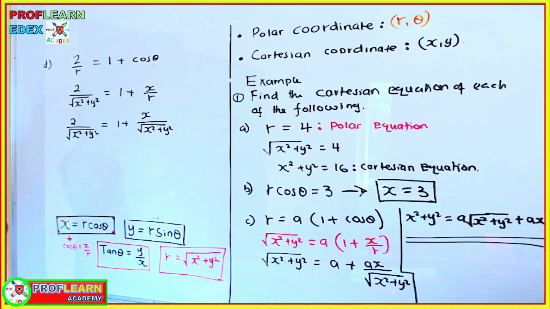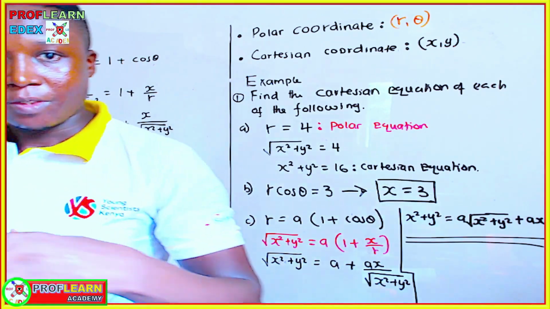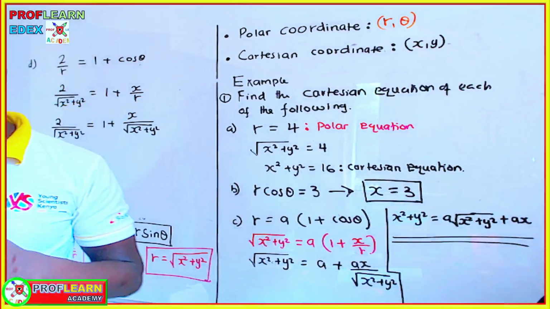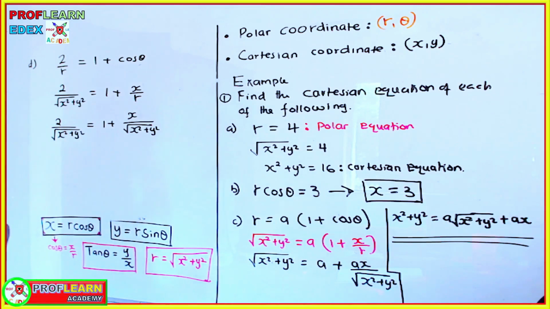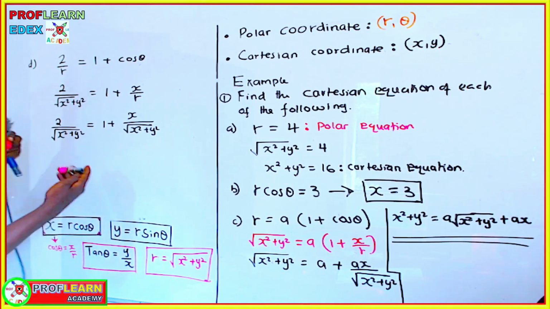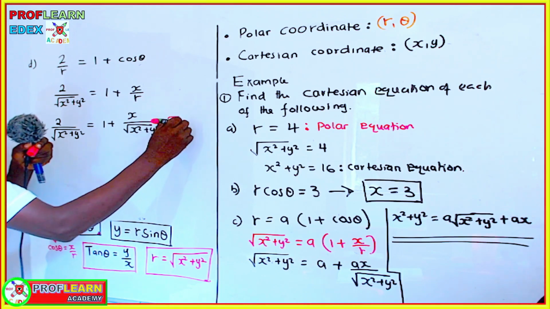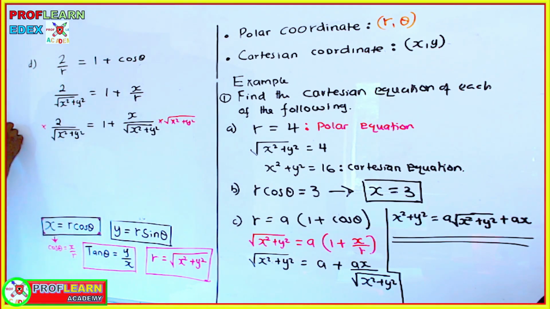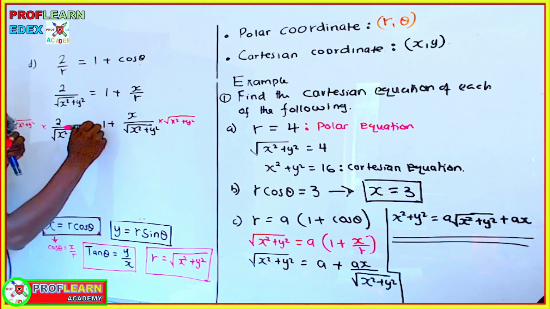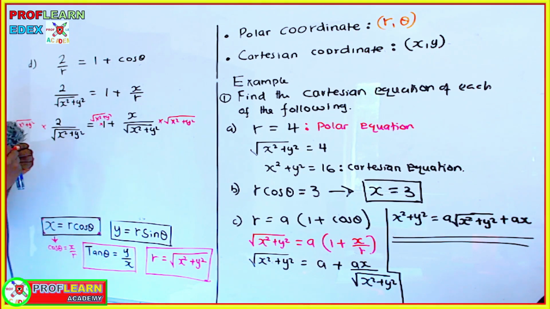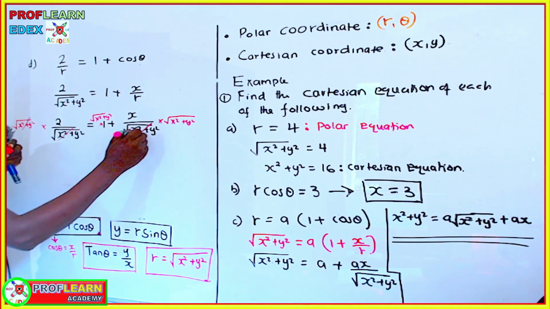So in the process of working out this question, we are trying to rearrange this. If I multiply all through by root x squared plus y squared, this one will cancel out, this one will cancel out.